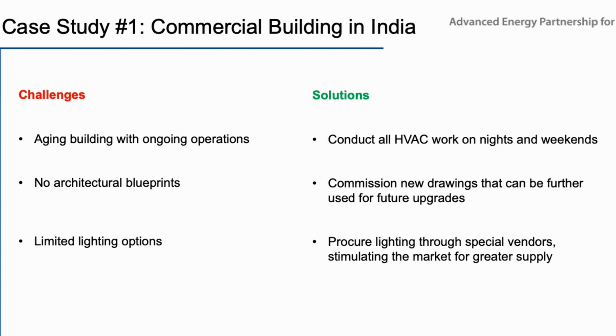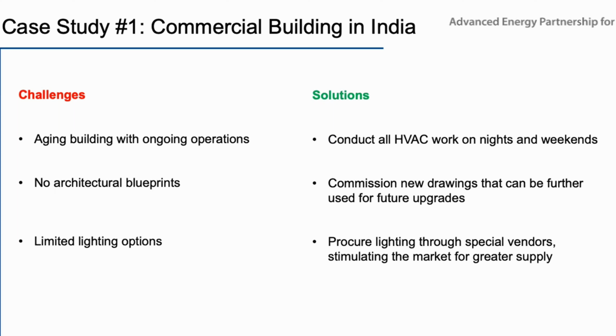Additionally, they did not have any architectural blueprints for the building, so they were kind of working in the dark. They had to invest a significant amount of money to commission new drawings that would help inform where the ductwork was and where all the electricity lines were. But the benefit is that these new drawings could be used in the future when additional upgrades were considered.